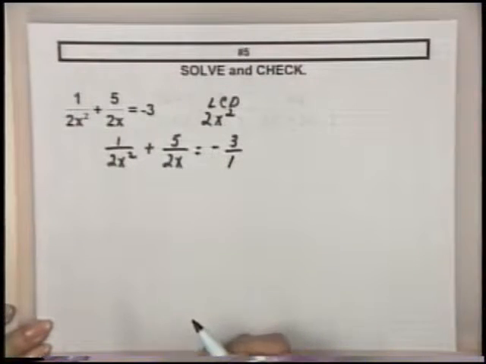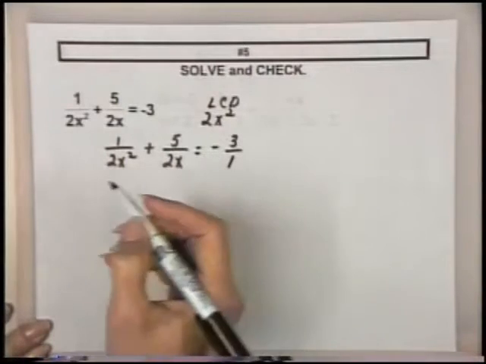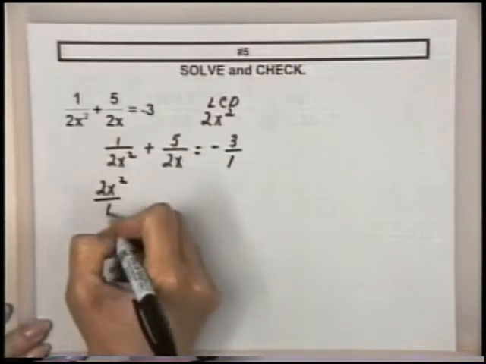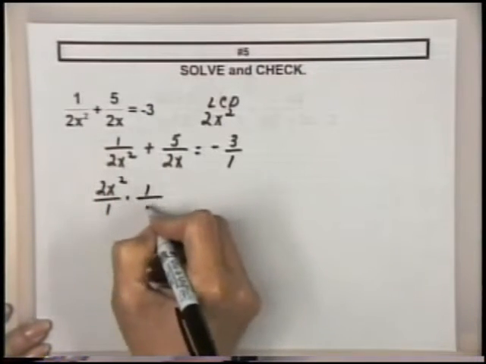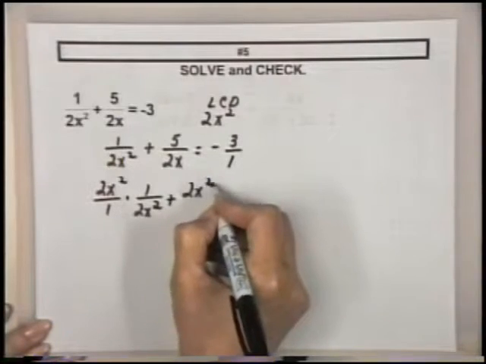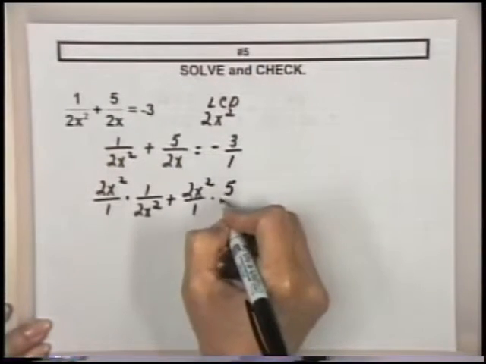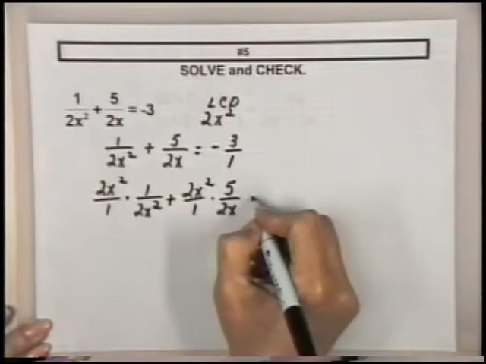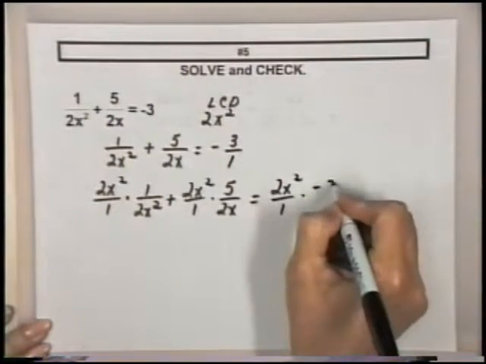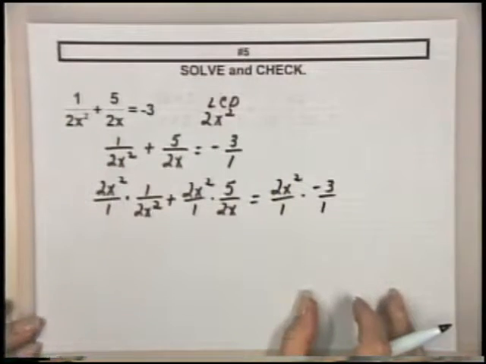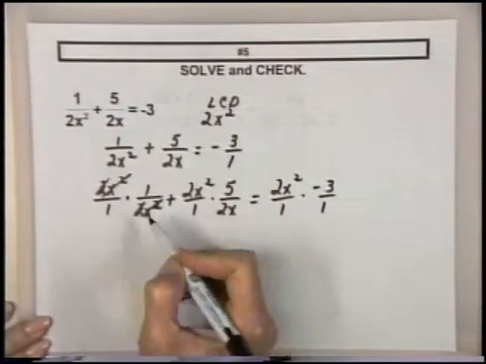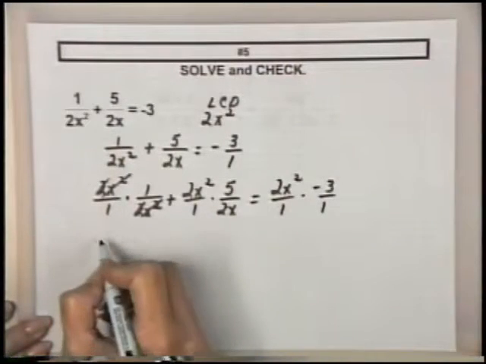I will multiply both sides of the equation, or each fraction in the equation, by the LCD. I will write 2x squared over 1 times 1 over 2x squared plus 2x squared over 1 times 5 over 2x equals 2x squared over 1 times negative 3 over 1. In my first fraction, my 2's cancel, my x squares cancel.